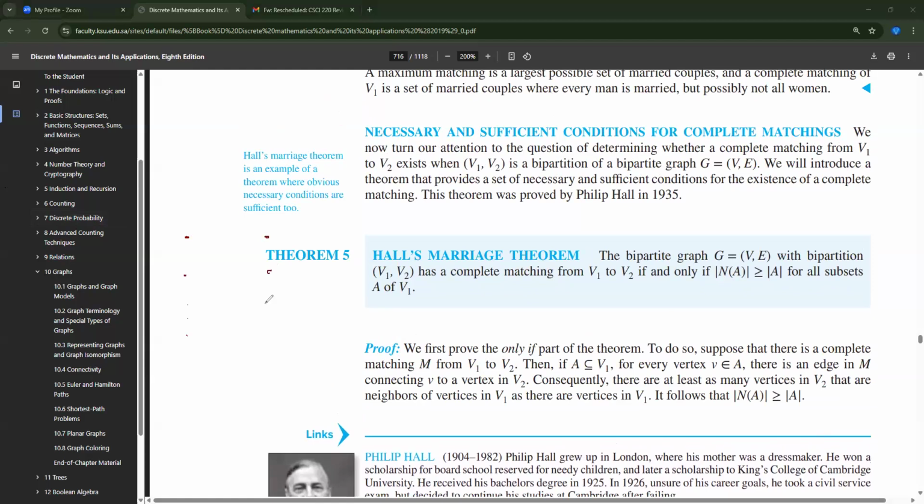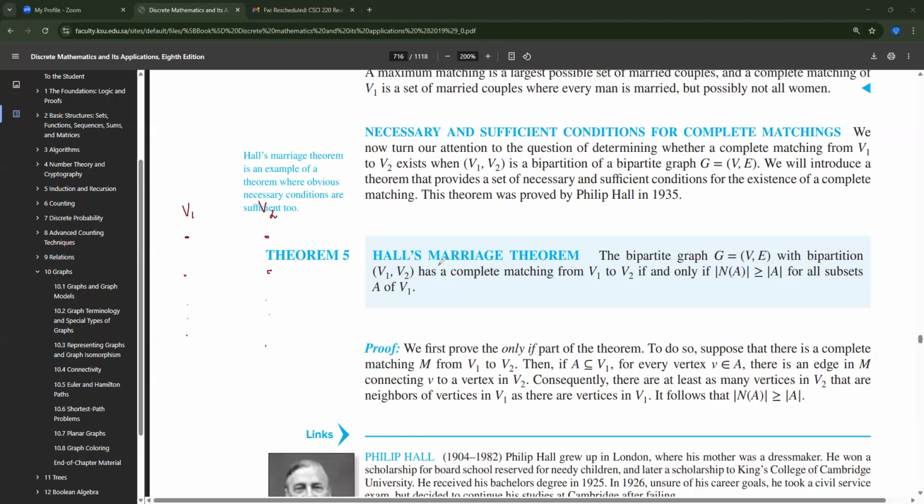Marriage theorem. Anyways. So I think what it's saying is if you have a bipartite graph, you can split it into two subgraphs where everything in V1 is connected with something in V2. Nothing in V1 is connected with itself, nothing in V2 is connected with itself.